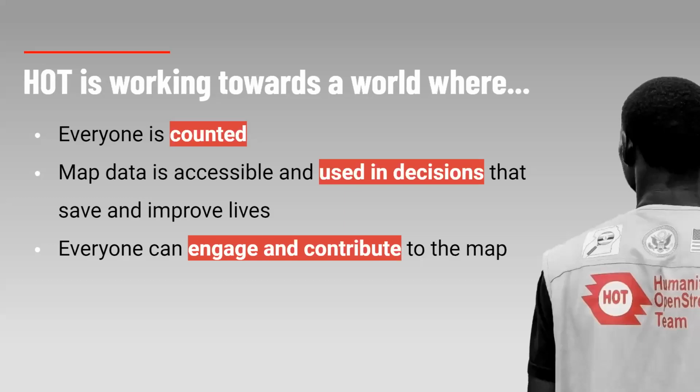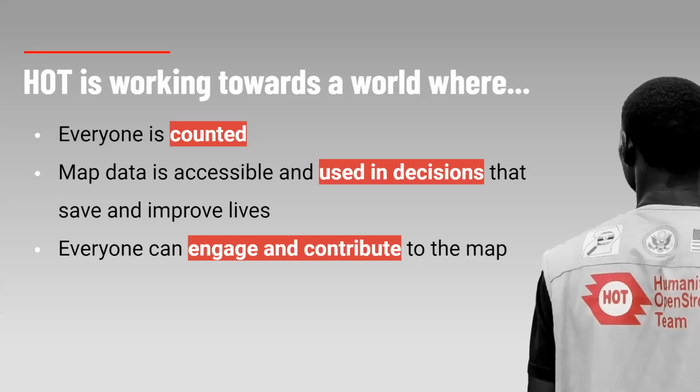Yeah, so we are working towards a world where everyone is counted. By this we mean, if someone is missing on the map, then it's easy to miss out on planning for resource allocation and so on. But also we are working towards a world where map data is easily accessible and used by humanitarian and development actors, by individuals and communities in making decisions that save and improve lives.